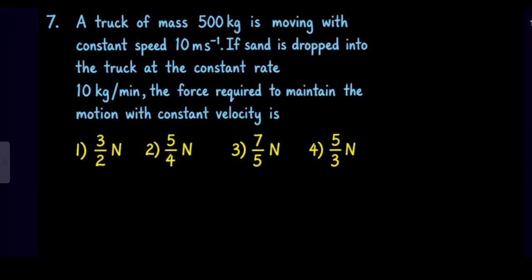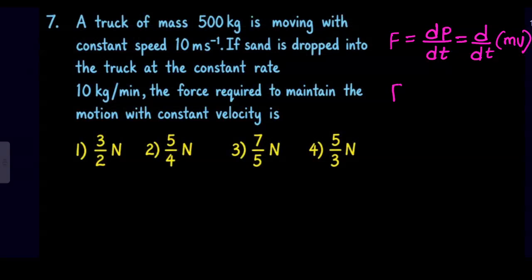So this force is basically dp by dt, and here we can write p is equal to m into v. Then v is constant, so we should apply the derivative to m only.